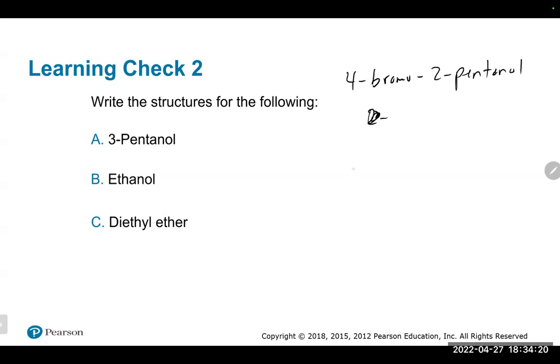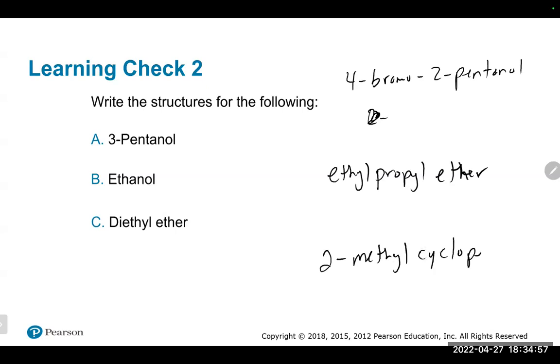Let's do ethyl propyl ether. And let us do 2-methylcyclopentanol.